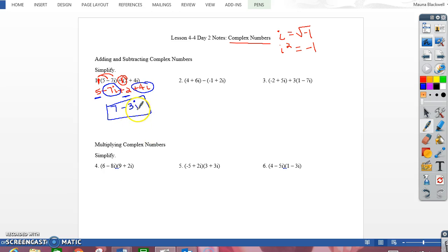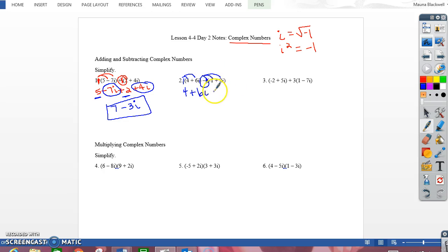We always put our i in back. Okay, so when we look at 4 plus 6i minus -1 plus 2i, remember this is separated by a minus right here, so we're going to distribute our 1. So 4 plus 6i. Here we're going to distribute a -1.